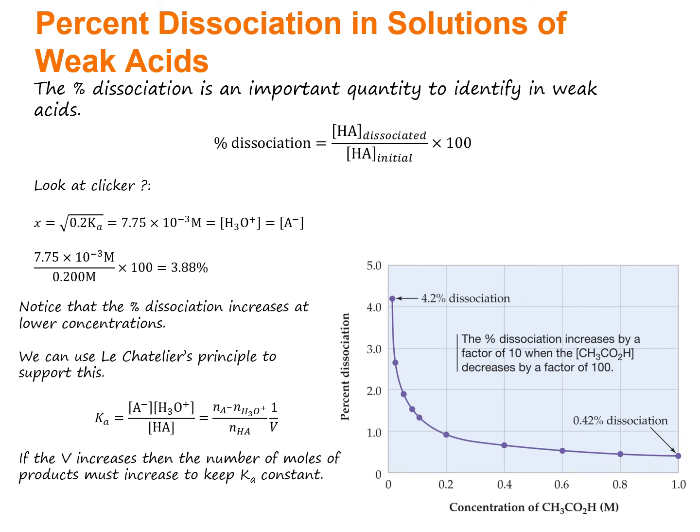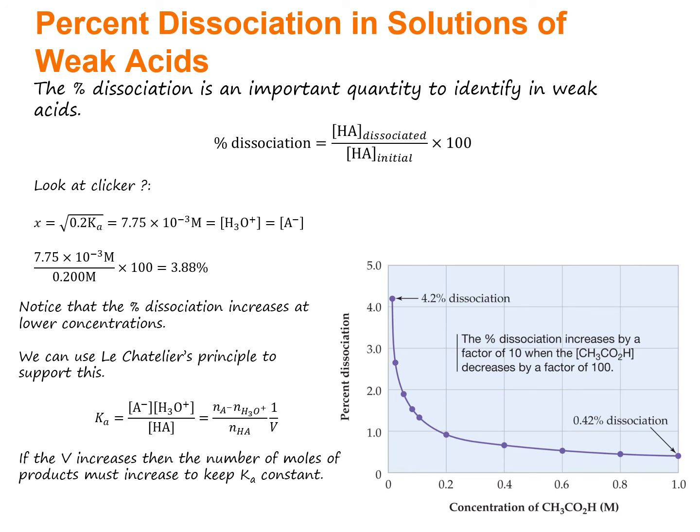As the volume increases, if Ka is to stay the same, we have to favor the products. The ratio on the left-hand side of the number of moles has to increase if the volume is also increasing, such that Ka stays constant. So we get larger dissociation.